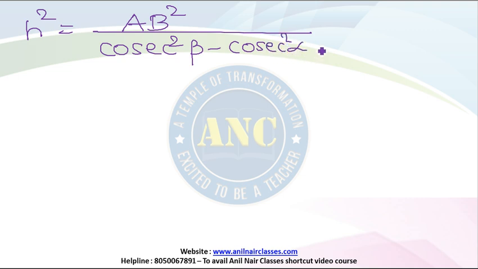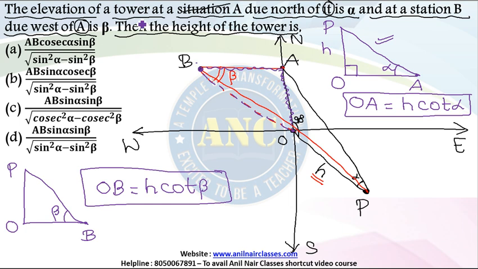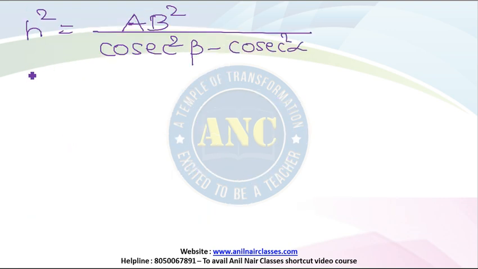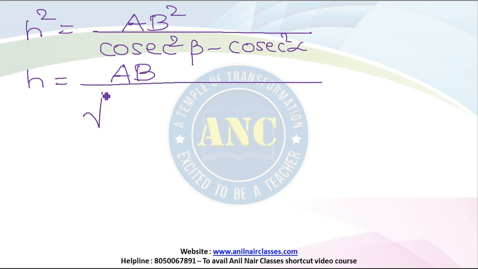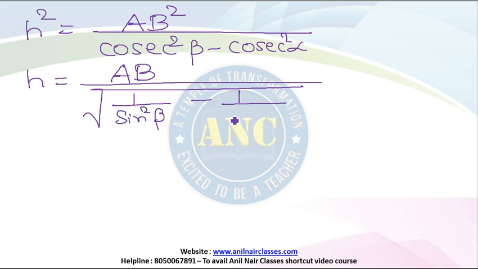But unfortunately, answer option for H is not in cosecant, it is in sine. That means let us convert cosecant to sine. H is equal to AB square root is AB, root of cosecant square beta minus cosecant square alpha. Convert it to sine directly: 1 by sine square beta minus 1 by sine square alpha.